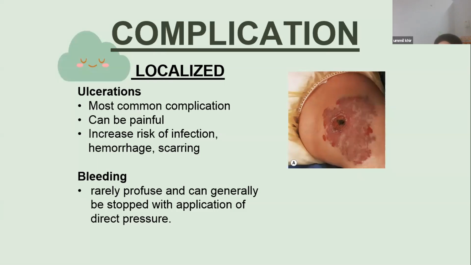Ulceration is the most common complication of hemangioma. It is particularly frequent when hemangiomas are rapidly proliferating and located in trauma-prone locations. Ulceration is often painful and may lead to bleeding, infection, and invariably scarring.